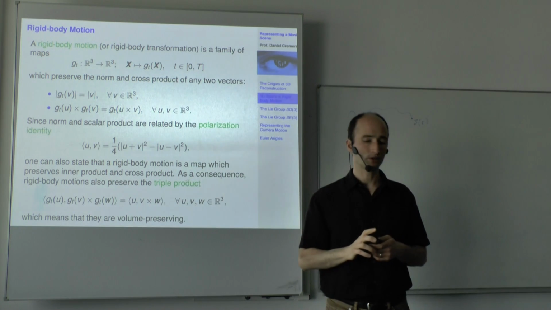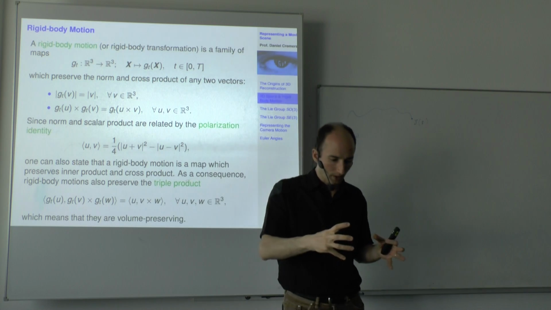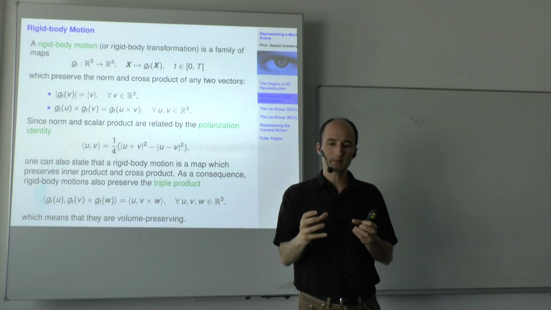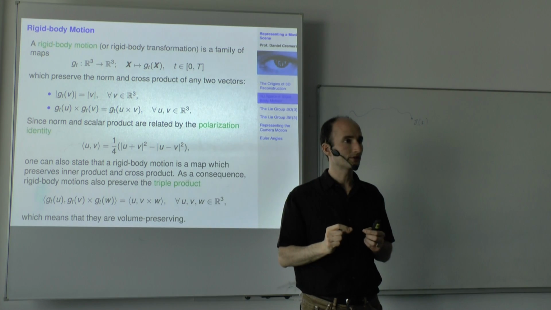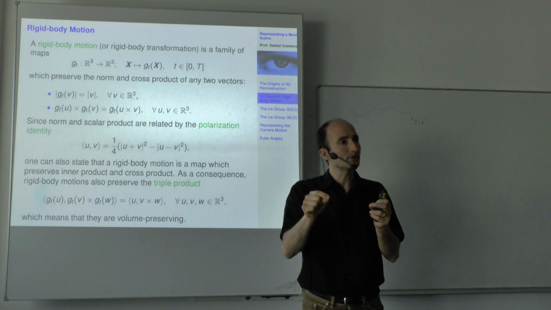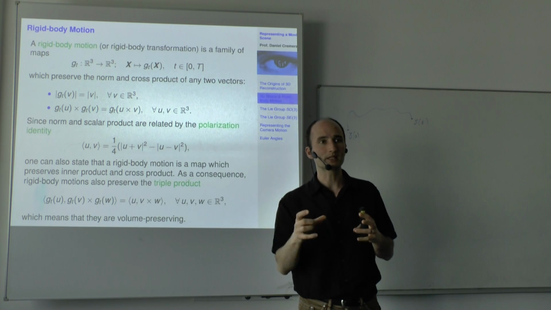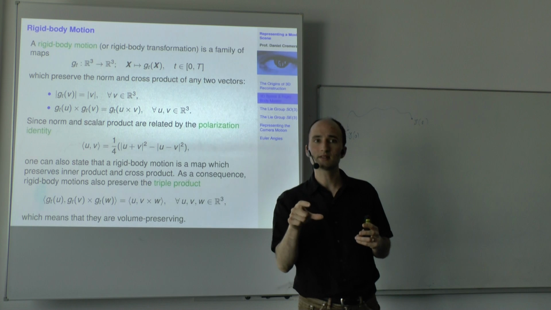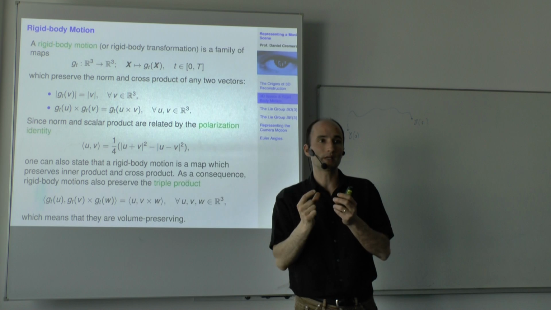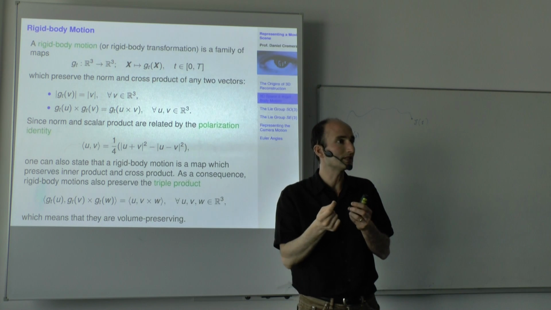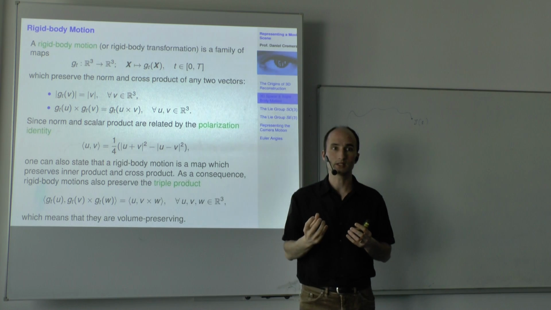What rigid body motion really means is that you want to move a rigid body, and that means that the length of vectors is preserved. So if you have 2 points on your object and you do a rigid body transformation of that object, these 2 points have a distance that remains the same. If the distance between a pair of points changes, then the motion is no longer rigid, then it's non-rigid.